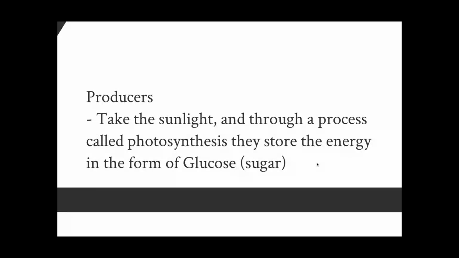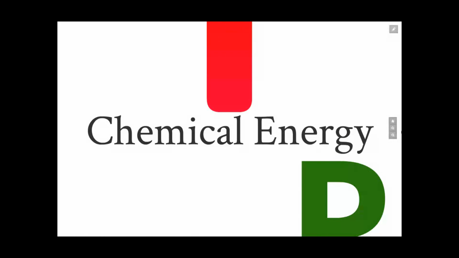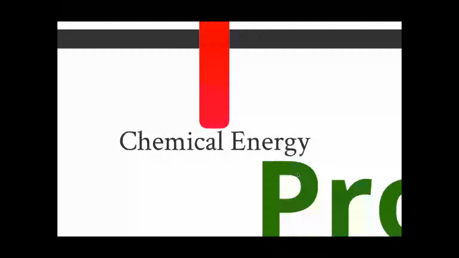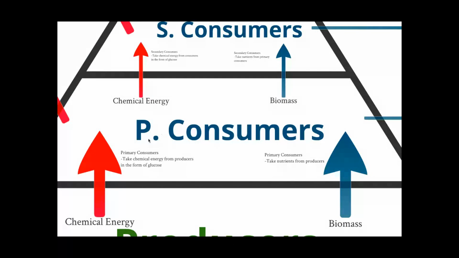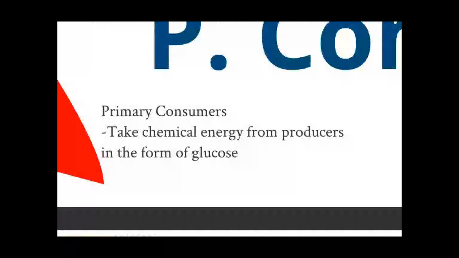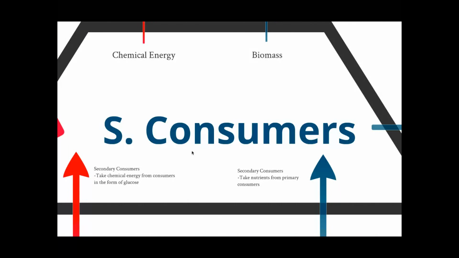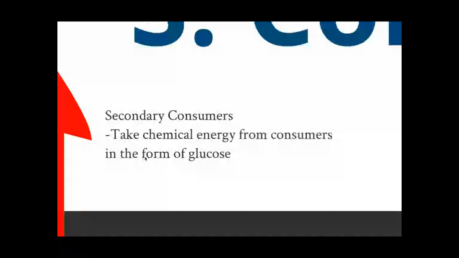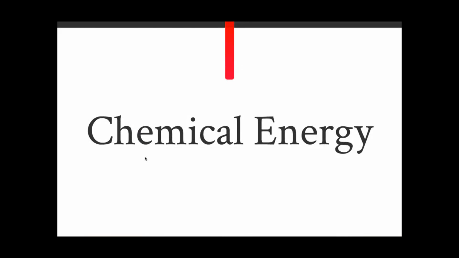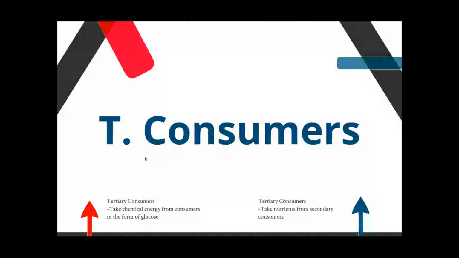So our plants are making all that sugar, and that's the stored chemical energy that's then going to travel up to our consumers, up to our primary consumers, who are going to take that energy from the producers, and then they're going to store some of it, about 10% of it. That stored energy from our primary consumers will get passed on to a secondary, and then they'll use some, store some chemical energy, pass it up to our tertiary.